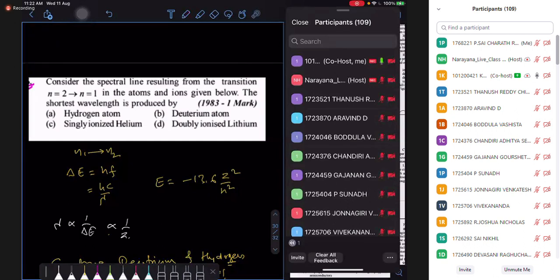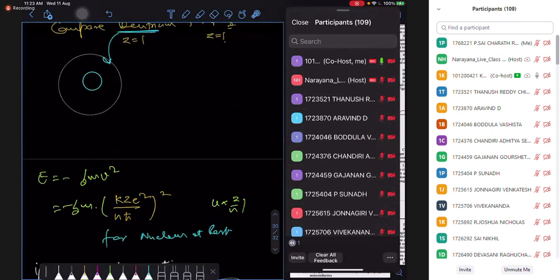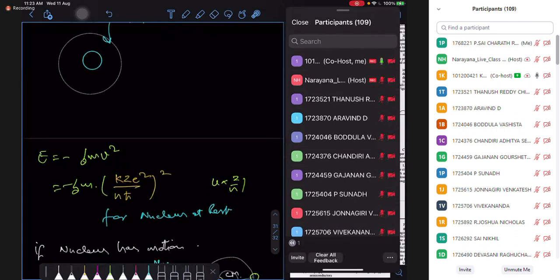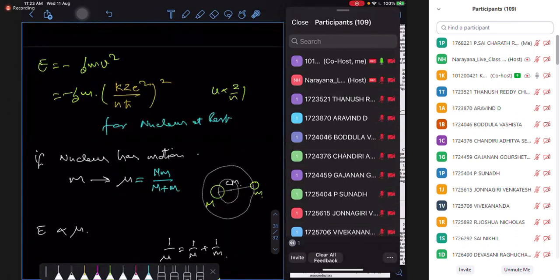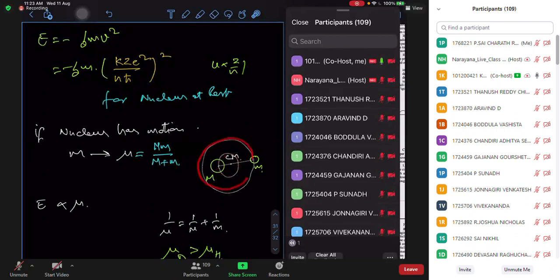Now my question is, if we compare hydrogen and deuterium, the Z value is the same. So do they have the same wavelength? The answer depends upon the approximations. If I take that the nucleus is at rest, the energy only depends upon the Z value, and deuterium and hydrogen have the same Z value, so it is the same. But if I consider that the nucleus has motion, the nucleus also revolves around the center of mass, and the electron also revolves around the center of mass.